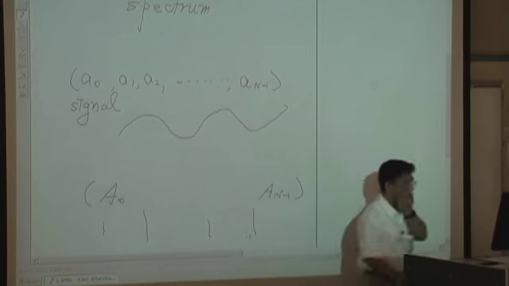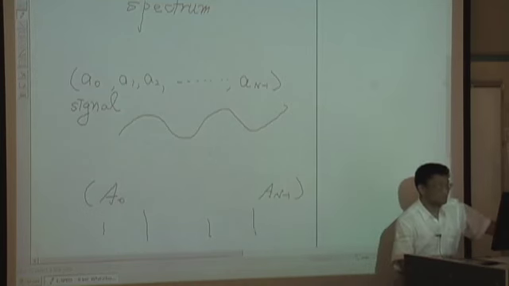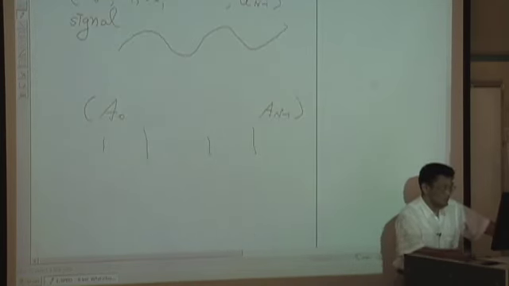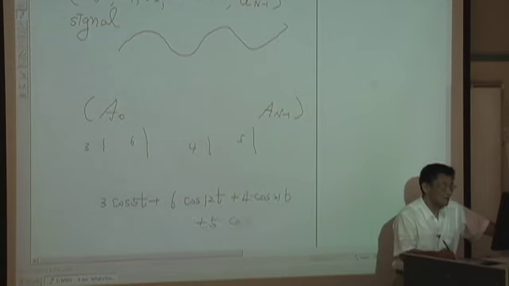What I mean is this one. Once we do this, assume that this is height 3, this is 6, this is 4, and this is 5. Then it's like this: 3 times cosine 5t, 6 times cosine 12t, and then 4 times cosine 21t, and then 5 times cosine 27t.